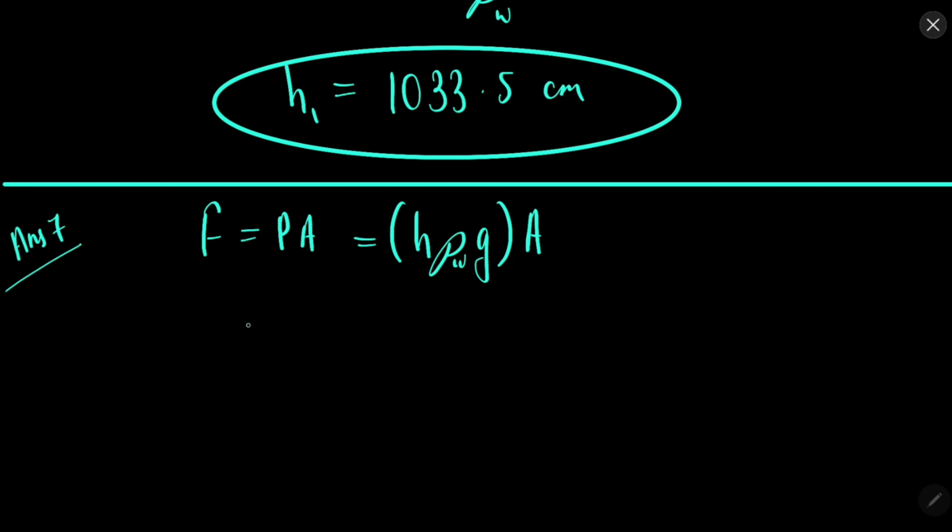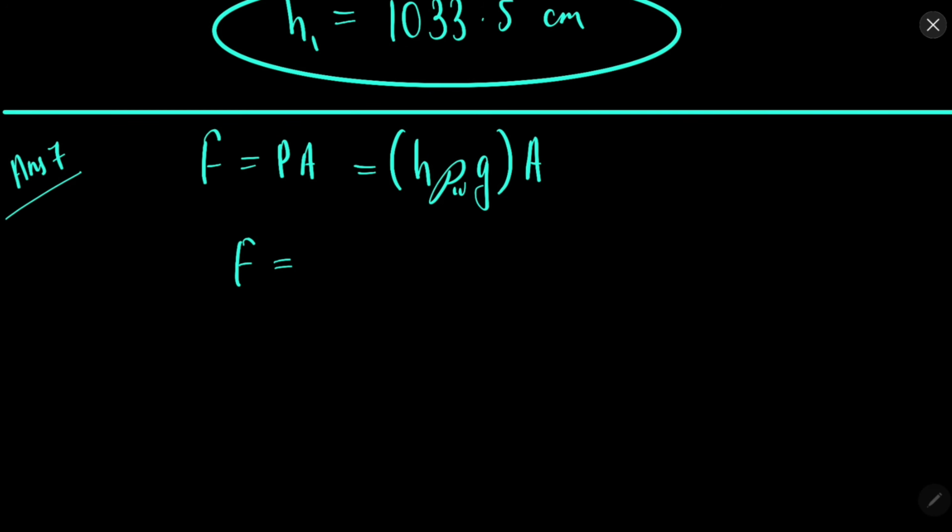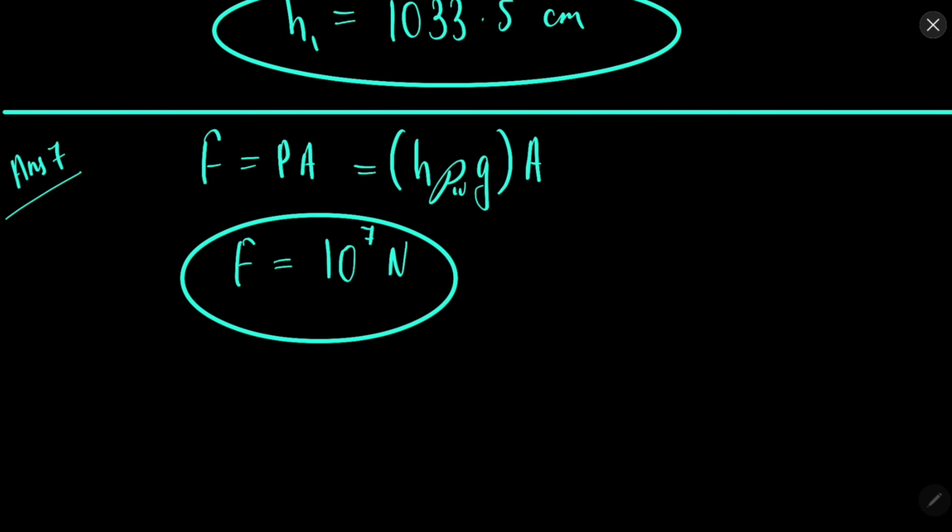The value will come out to be 10 to the power 7 Newton once you put in all the values. And no, it will not depend on the orientation of the rock as long as the surface area remains the same, because height is the same, density of water is the same, g is the same, and only the area matters. If the area is the same, then it does not matter in which orientation the rock is.